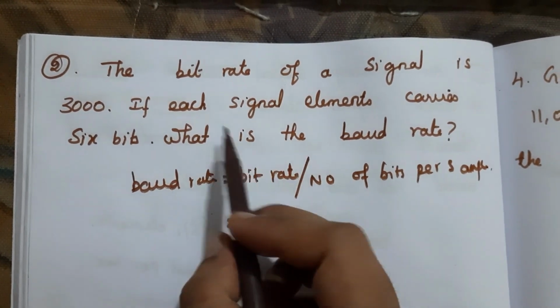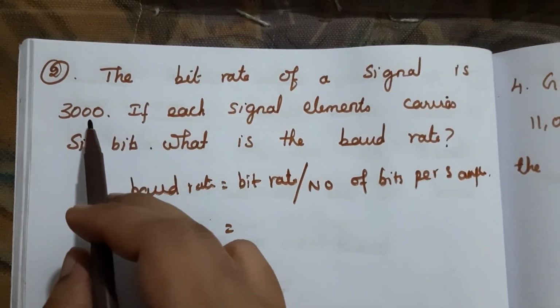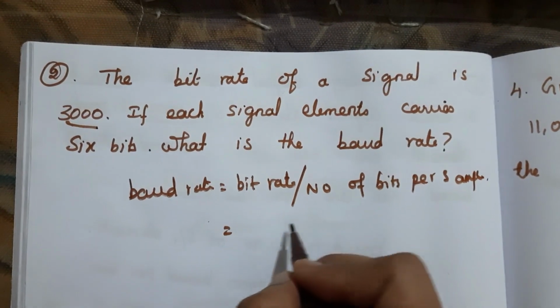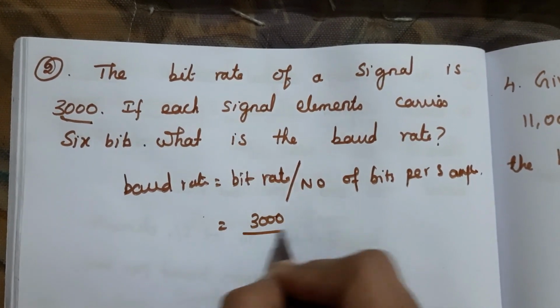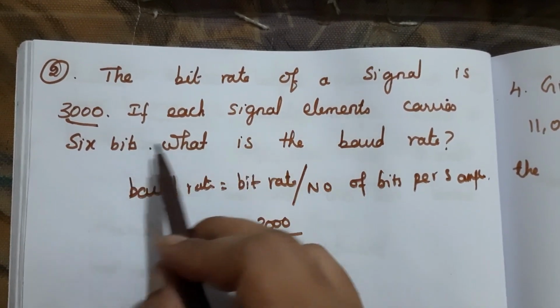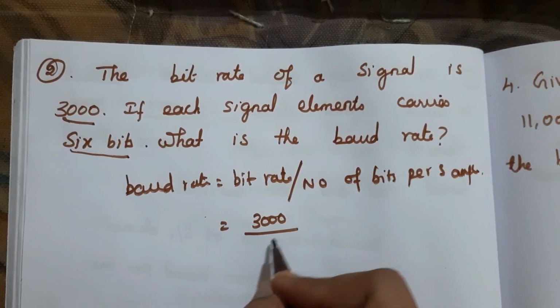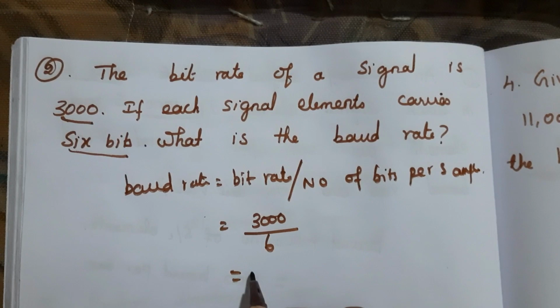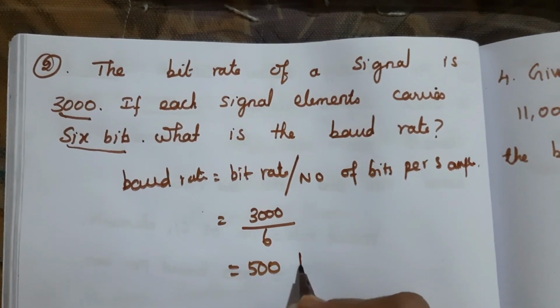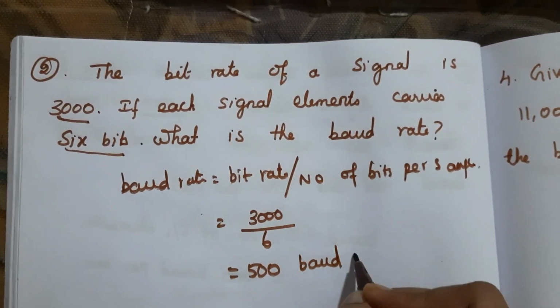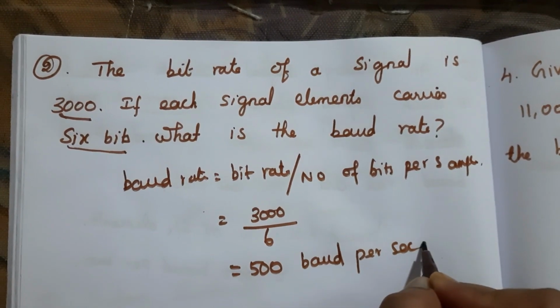So here bit rate is 3000 divided by 6 bits. So 3000 divided by 6, the answer is 500 baud per second.